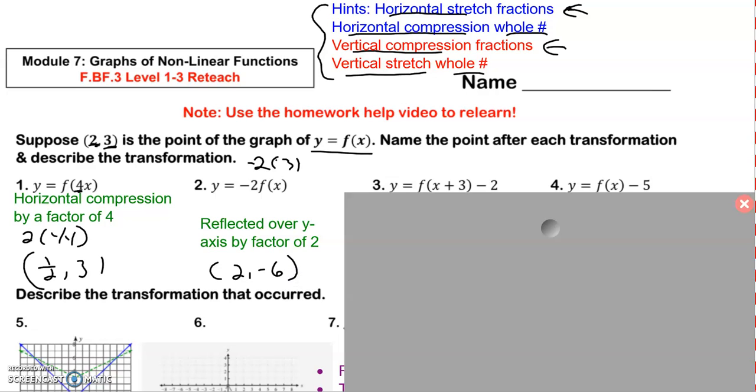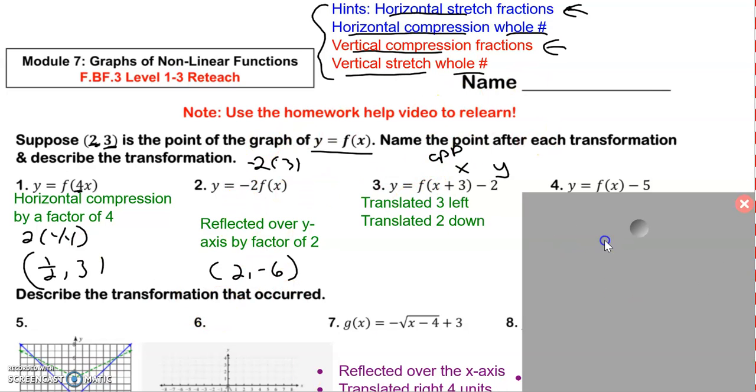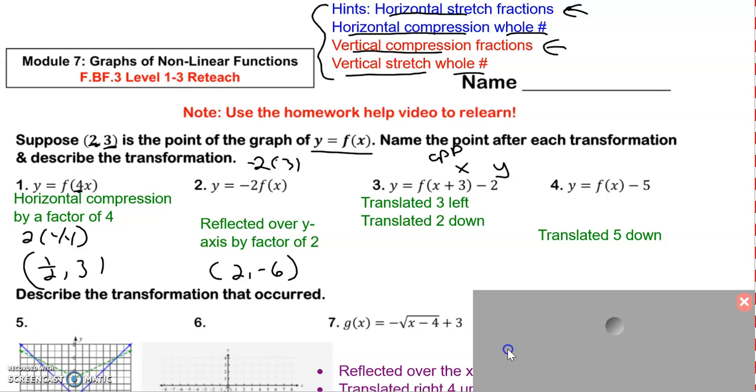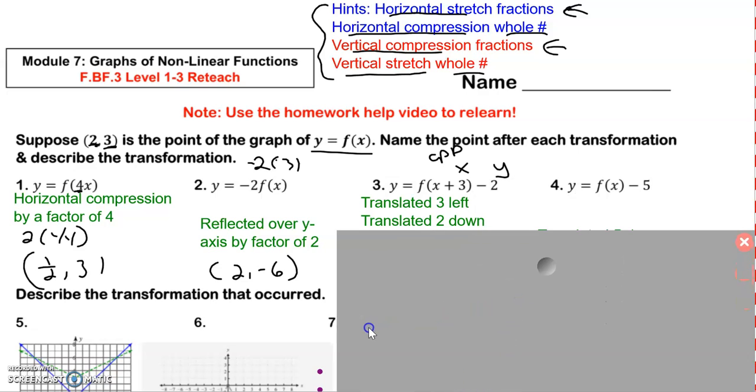Now this one looks like a pretty easy one. This is more like a translation. So I know that this is always my x value, this is always my y value. However, x is always the opposite. So if I see a plus 3, I know it's always going to be a minus. So I would say it's a translation 7 units down, and it's translated 3 left and 2 units down.